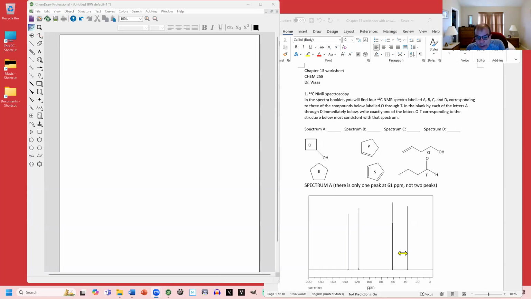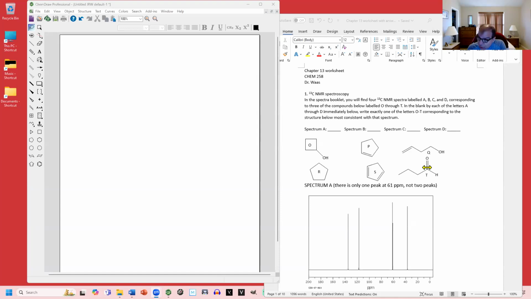So how do you know which one this is? The way you know is by looking at the chemical shifts. If we had compound T, then we would have an aldehyde carbon, that carbonyl carbon. Carbonyl carbons are very far downfield, especially for aldehydes and ketones. For esters and carboxylic acids, not quite so far downfield. They're at maybe 170 parts per million.